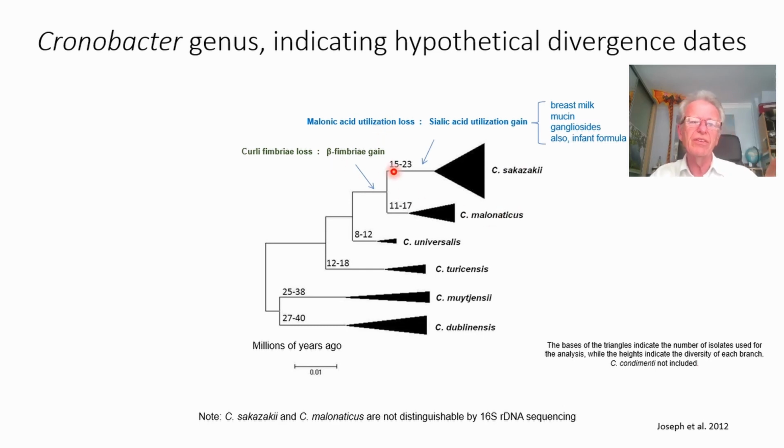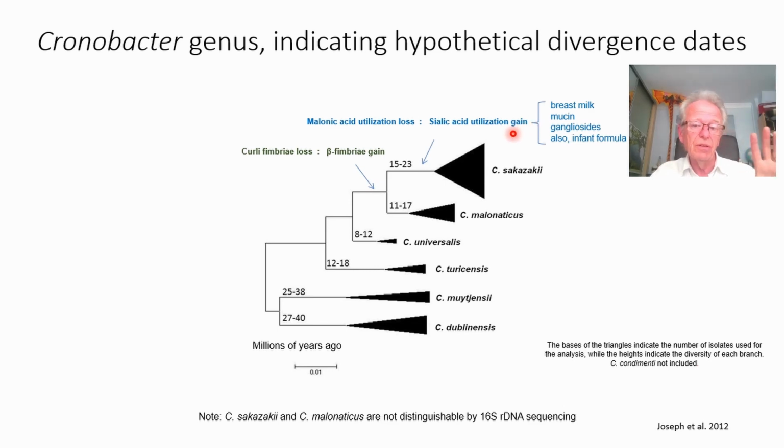And the other interesting thing when it comes to sakazakii, which is more associated with infant infections, is that we have the loss of malonic acid, but we have a gain in function of using sialic acid. And sialic acid, I think, may be very, very important in this aspect of the virulence of Cronobacter sakazakii, because sialic acid is found in breast milk, it's found in gut mucin, and it's also found in brain gangliosides.